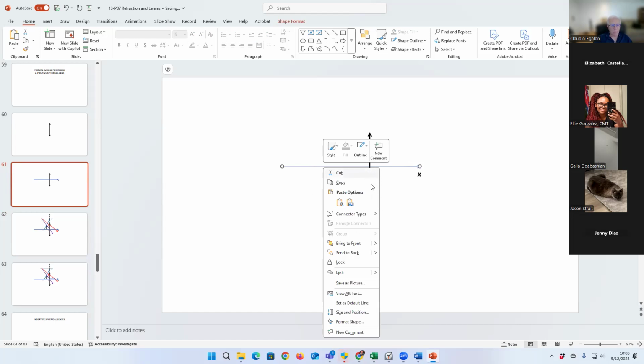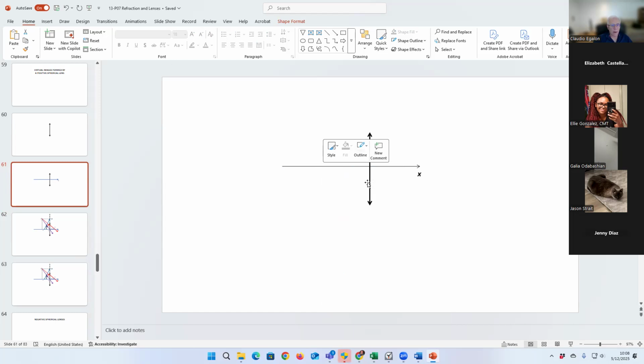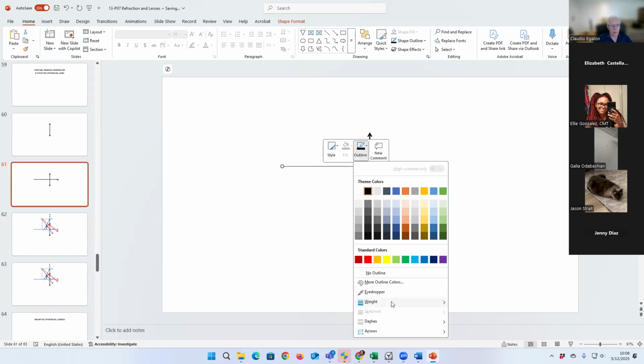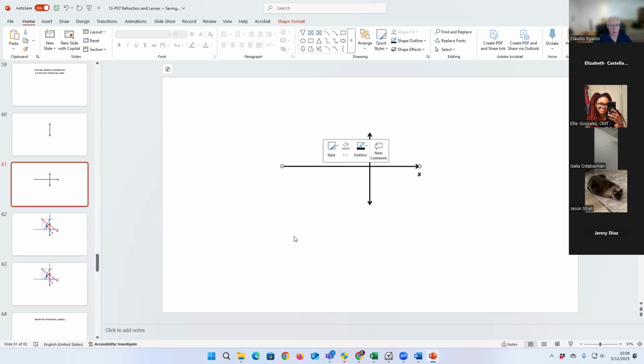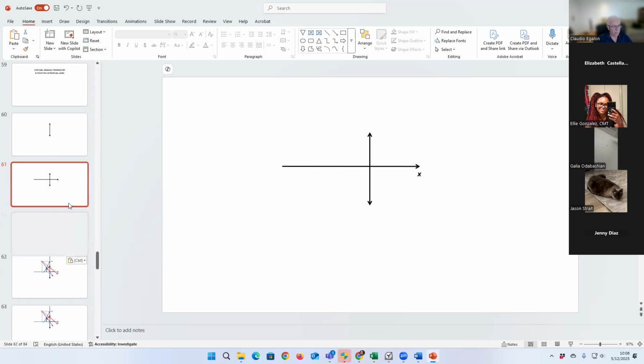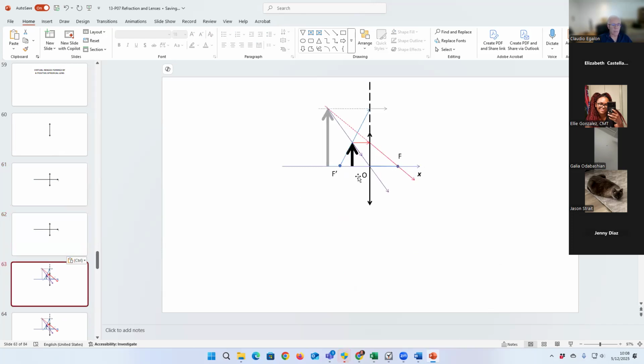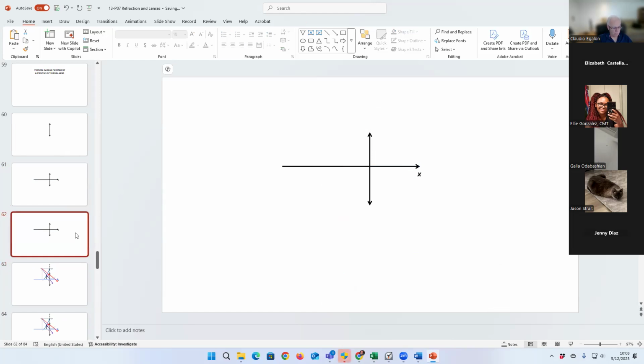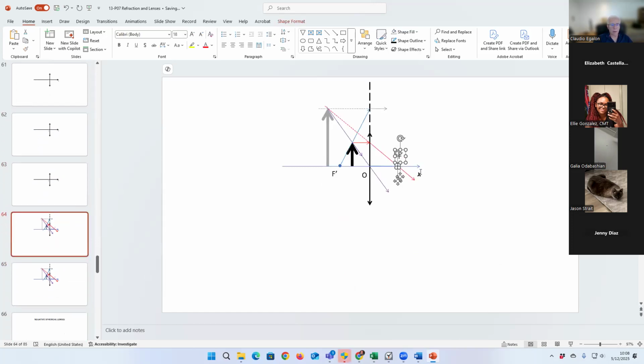Make it nicer too, black and thicker. Origin. The focal points, F and F prime.